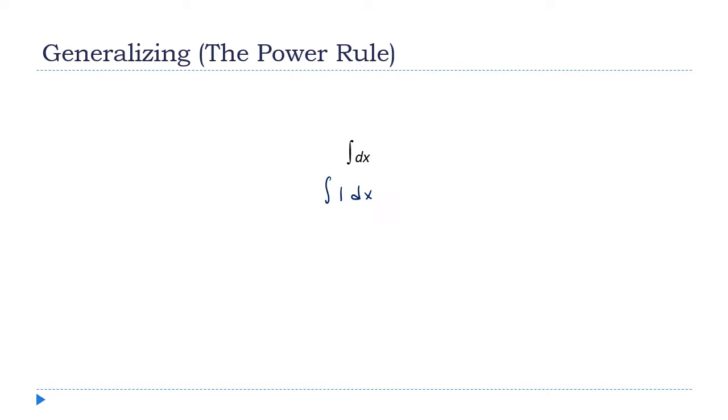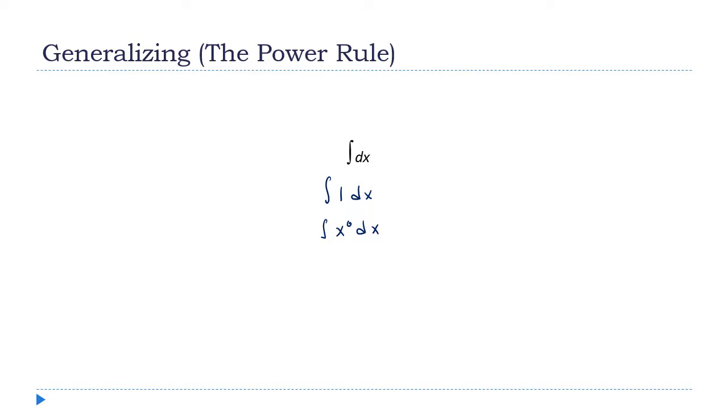Now I'd like to make this fit a pattern that we already know, and we can actually do that. Remember, this is the same as the integral of x to the 0 dx. And that's okay, x to the 0 is 1. And now it looks like a polynomial, so we can use our power rule.